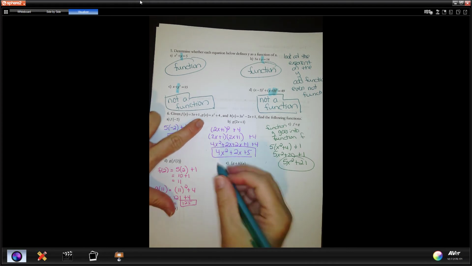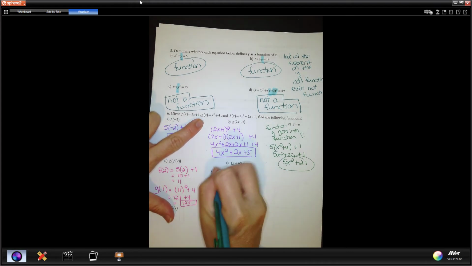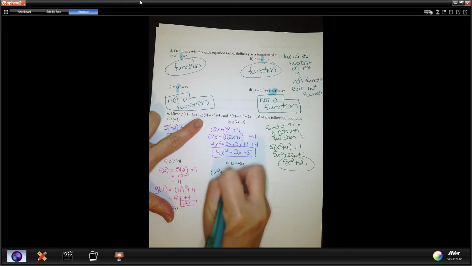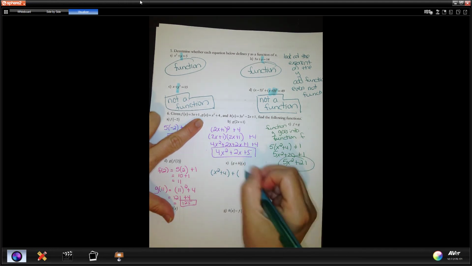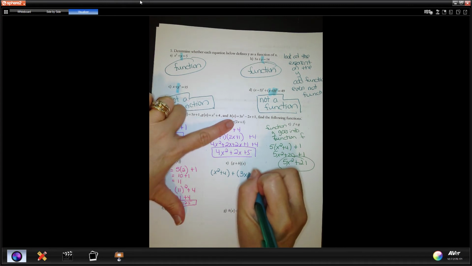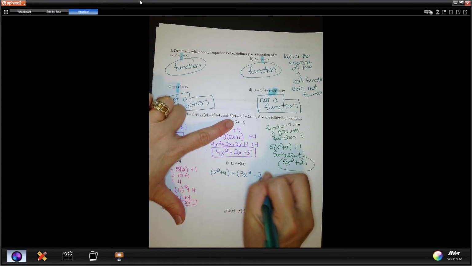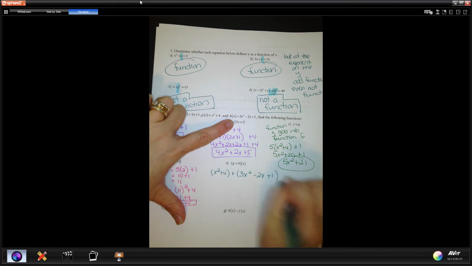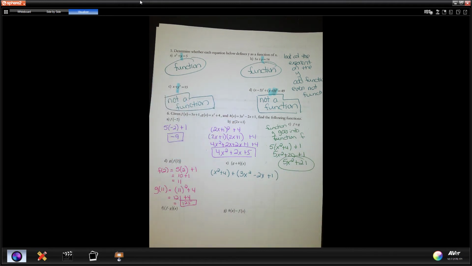And then the last three, I'm going to just get those set up because that's really just looking at notation. So g of h of x is saying we're going to take function g. So we have x squared plus 4, and we're going to add that to function h. So 3x squared minus 2x plus 1, and then just combine our like terms from there.